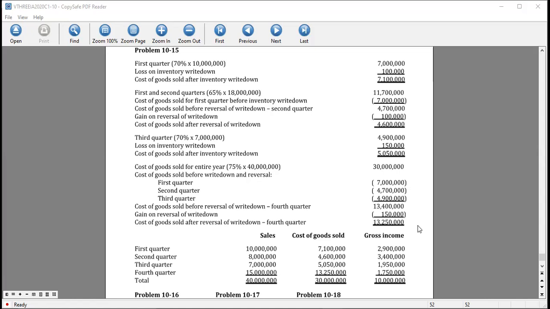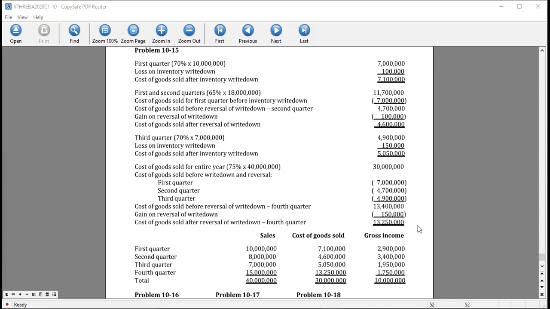Then for the first and the second quarters, the total sales for the first and second quarters is 18 million, and the gross profit rate at the end of the second quarter is 35%. Therefore, the cost of sales is 65%.